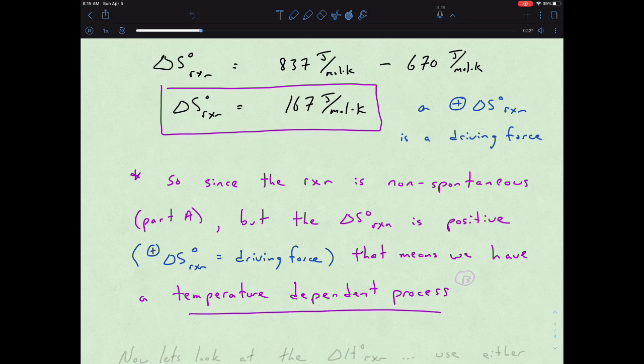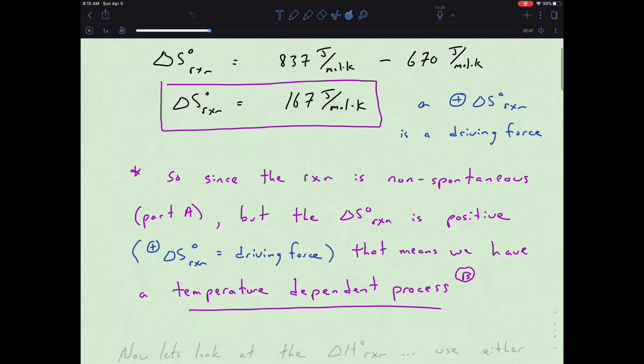So that was really kind of the answer to part B, right? Was, do we have a temperature dependent process? And we actually do at this point. Now let's take a look at our delta H value.